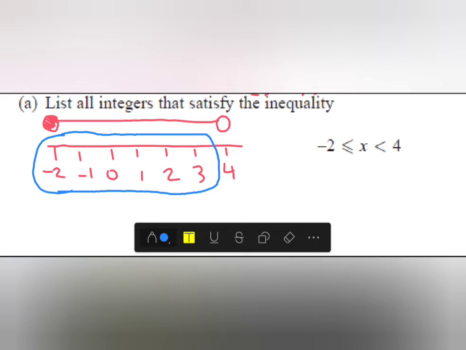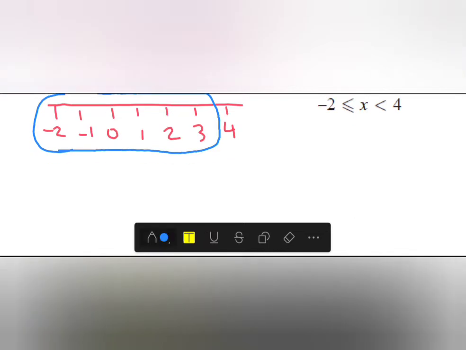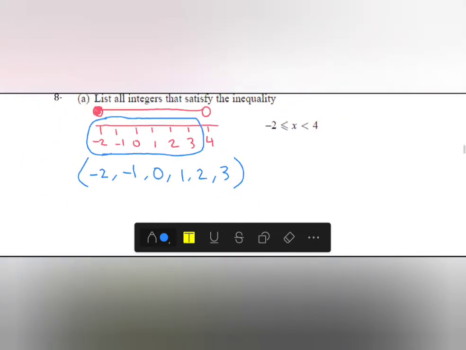These are the integers that we're talking about. So you can come here and write these integers like this. So you're going to say it's -2, -1, 0, 1, 2, and 3. These are the integers that are included in the answer or satisfy this inequality. And this is how you answer a question like this. Now let's move on to the next question.